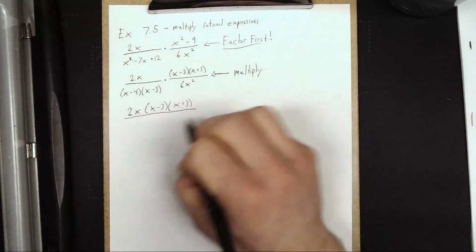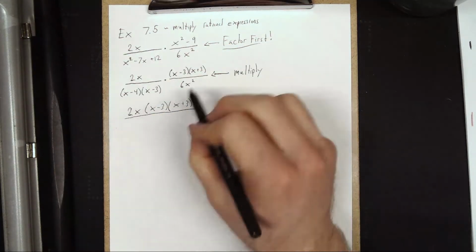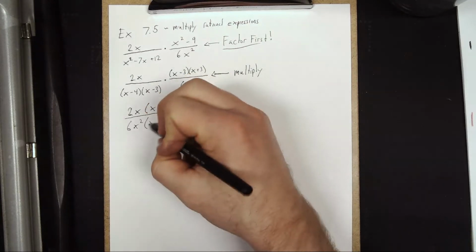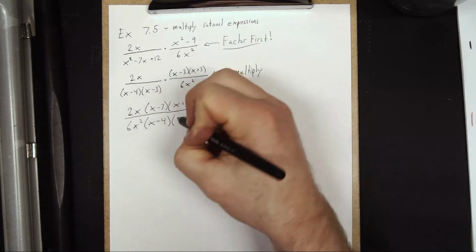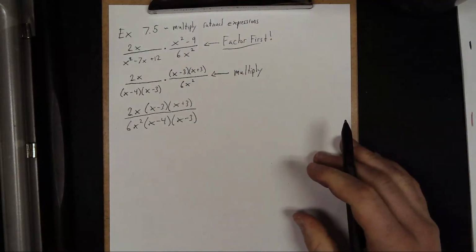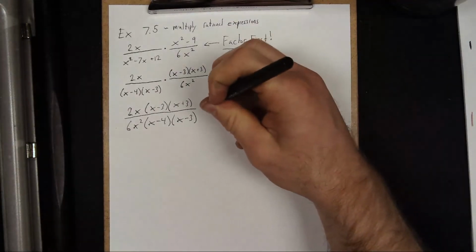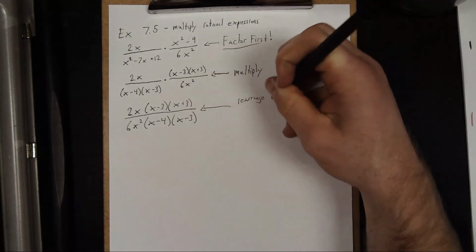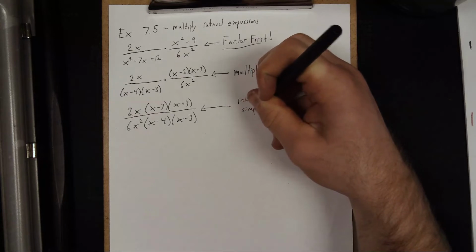All right, notice where I'm placing things. I've got a 2x over here on the left. Let's move our 6x squared on the left. x minus 4, x minus 3. Okay, so now at this stage, we've rearranged and we are about to simplify.